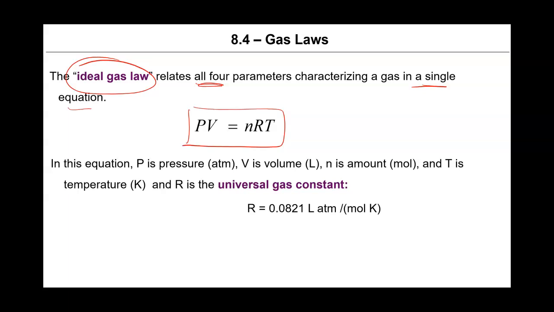So in this equation, P represents pressure in atm, V represents the volume in liters, n is the amount in moles, and T is the temperature in Kelvin. The R is a constant called the universal gas constant, and it's equal to 0.0821 liters atmospheres per mole per Kelvin.